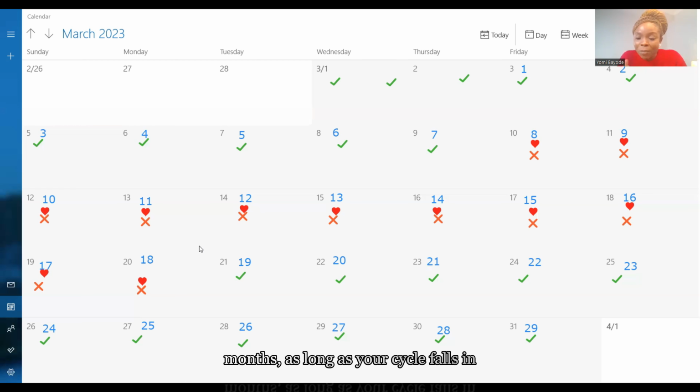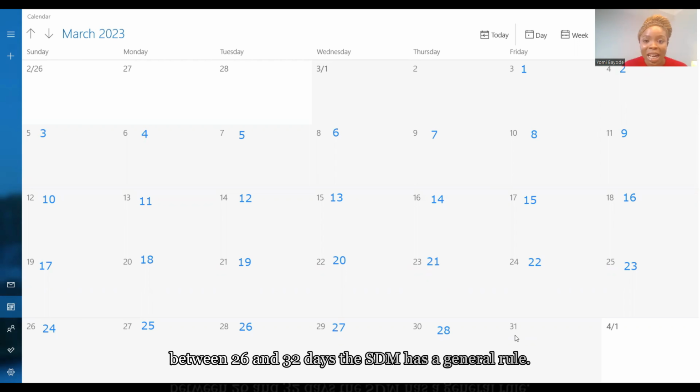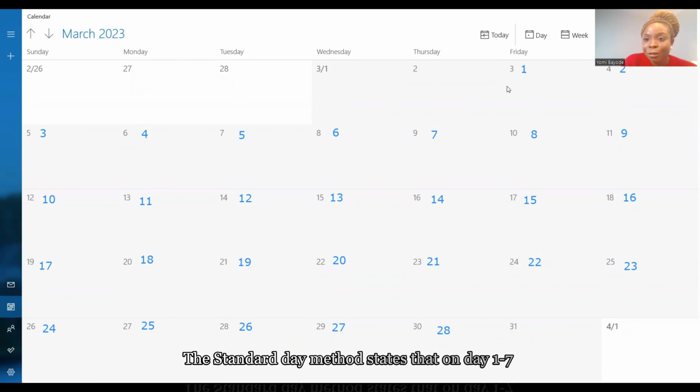The standard day method states that day 1 to day 7 you are considered to be infertile. So day 1 to day 7 are considered to be your safe period.